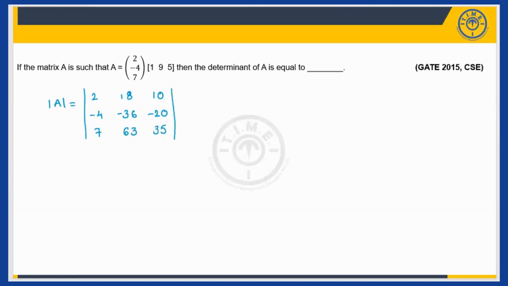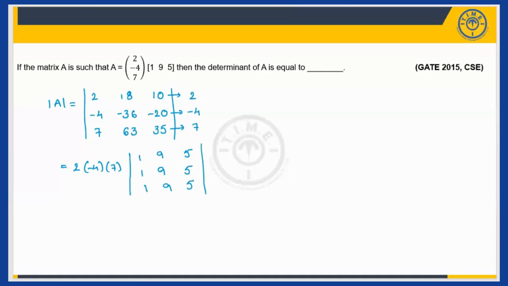Now I told you, you can take a constant from any row or any column. If I'm taking 2 out of the first row, negative 4 out of the second row, and 7 common from the third row, that is 2 times negative 4 times 7 det of, in the first row taking 2 common, it is 1, 9, 5, and again minus 4 common from the second row, it is 1, 9, 5, 7 common, 1, 9, 5.